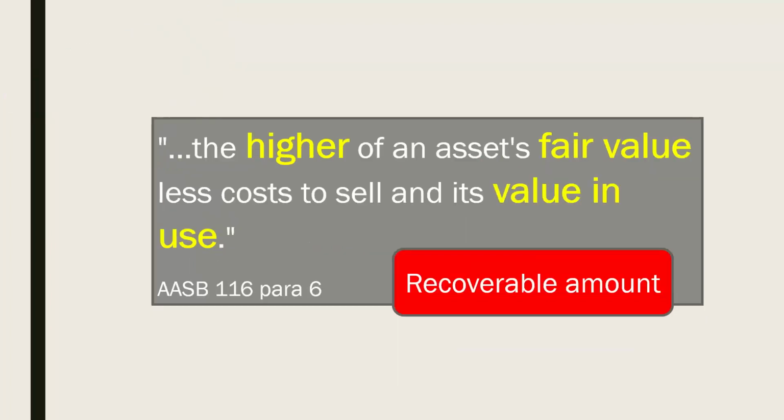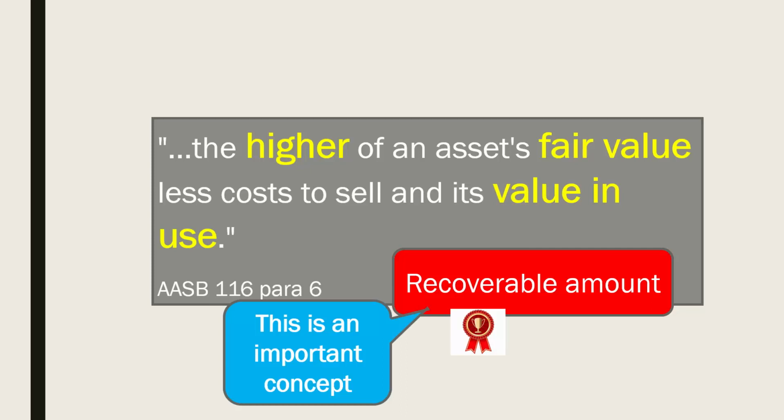Recoverable amount is the higher of an asset's fair value less cost to sell and its value in use. Recoverable amount is an important concept in accounting and in valuing assets such as property, plant and equipment.